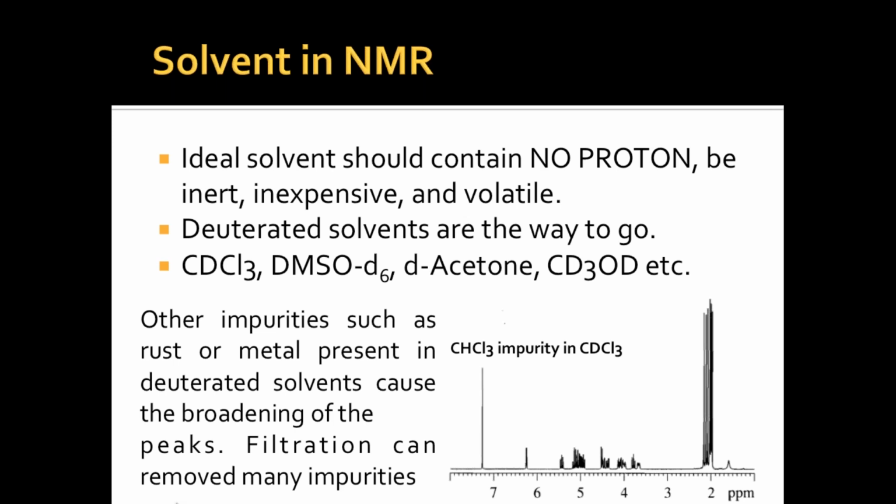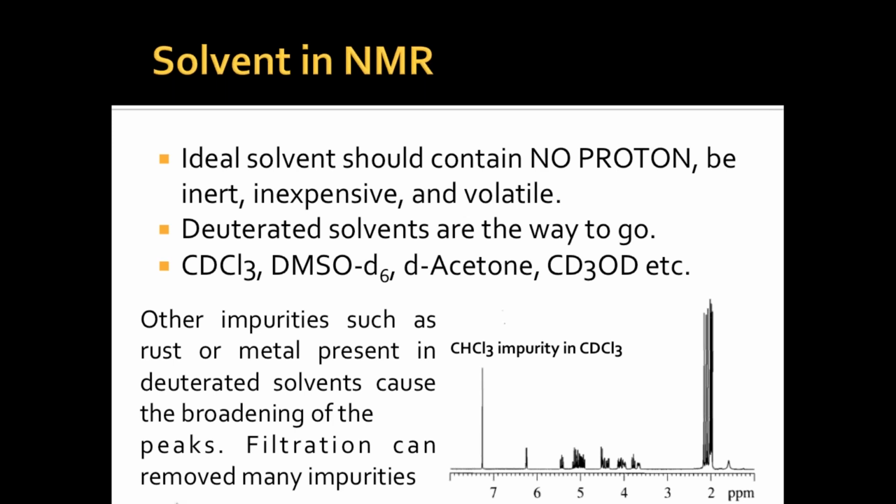What could be the impurity in these solvents? The very simple thing to know is that the impurity could be the starting material of these solvents. What is the starting material? Their protonated form.